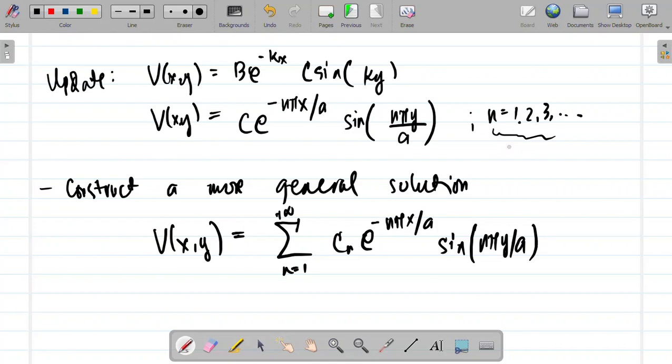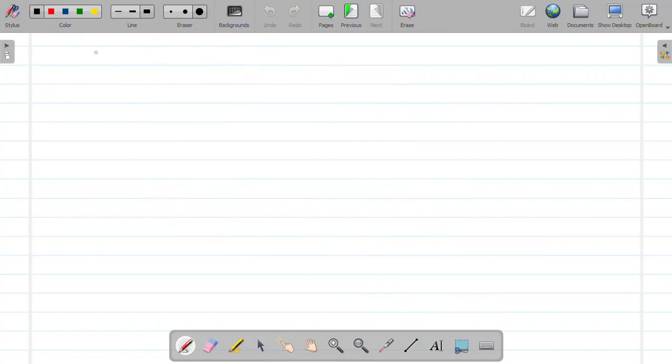So, yun lang. And then, gamitin na natin yung boundary condition 3. So, the question now is, how do we get c sub n? Yung unknown coefficients natin. So, we will use another boundary condition. So, boundary condition 3.